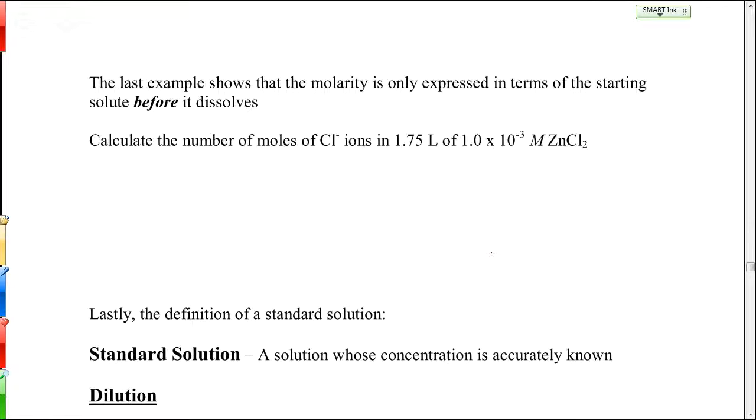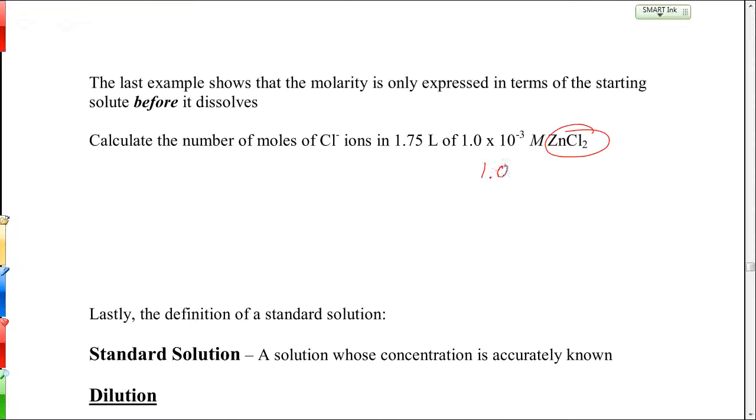So like, look at this example. Calculate the number of moles of chloride ions in 1.75 liters of 1.0 times 10 to the minus 3 molar zinc chloride. So the molarity here, this 1.0 times 10 to the minus 3 molar, is expressed in terms of zinc chloride as a whole thing.